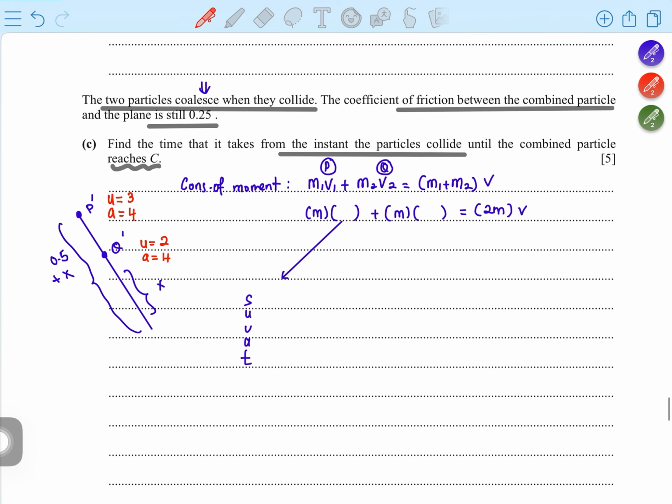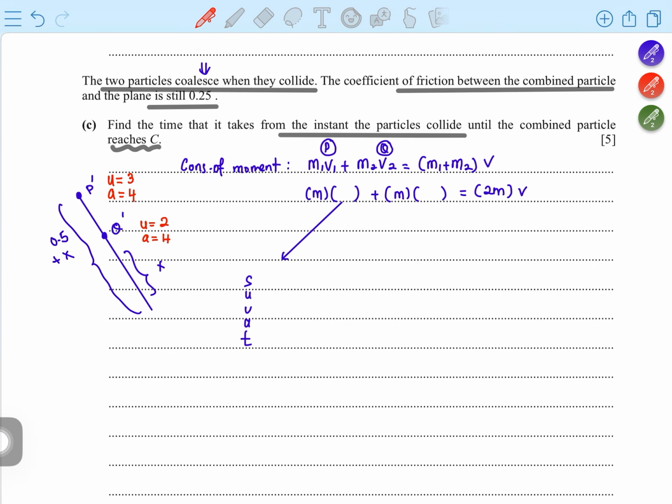So, I am going to find the distance it has traveled. What did we write for P prime? It was 0.5 plus X, correct? And this is Q prime. Okay, I'm just repeating the same thing again. So, UT, you got a 2 and your T value was just now 0.5, plus half A T squared.